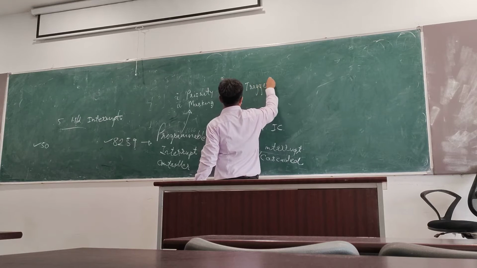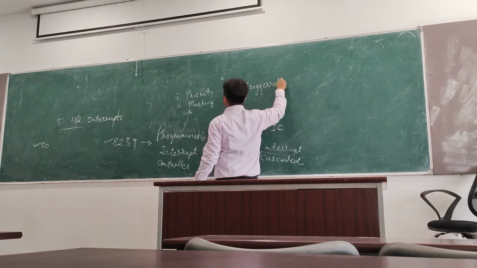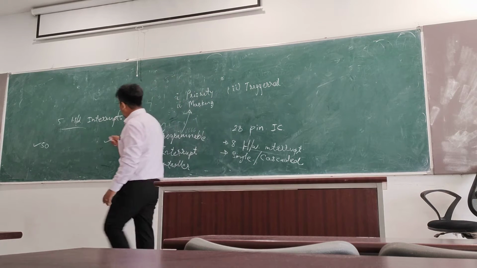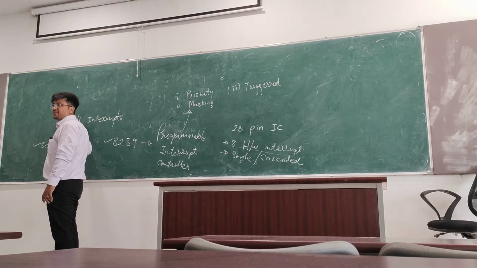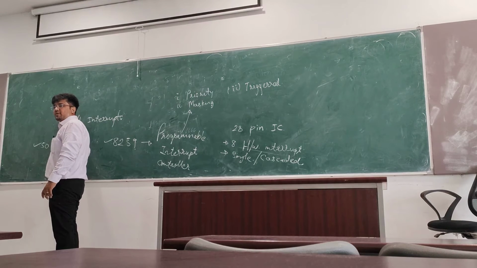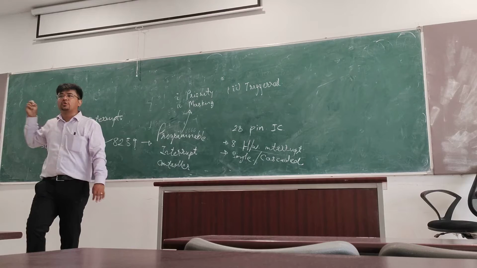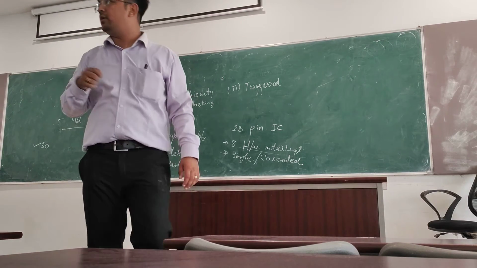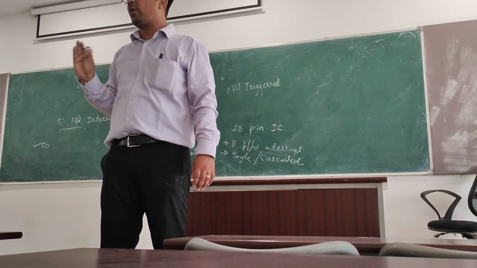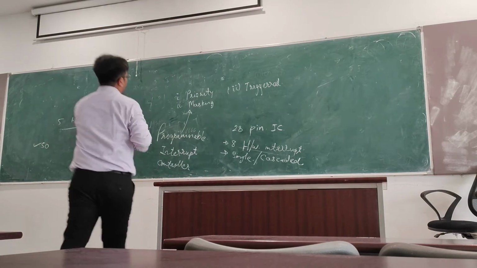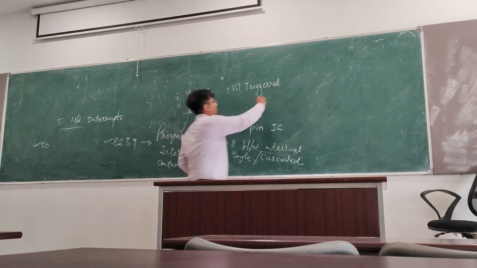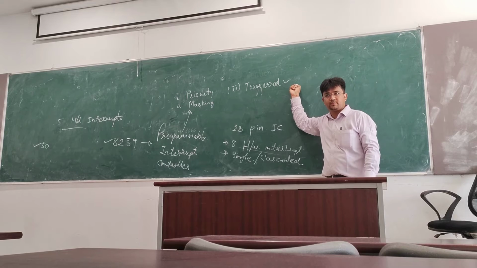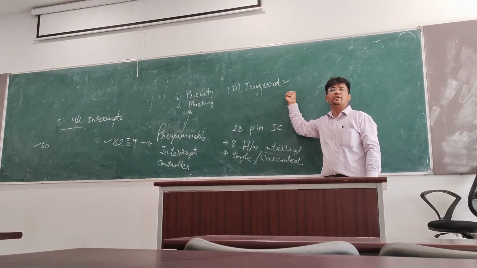Can this be programmed? For the interrupt controller, yes. For the processor's hardware interrupt, no. If I say you just program RST 5.5 to be edge triggered, it cannot be done. It will be level triggered, but here the interrupt triggering can be set. Either the interrupt can be level triggered or edge triggered. Is it okay? Any issues here, anyone?